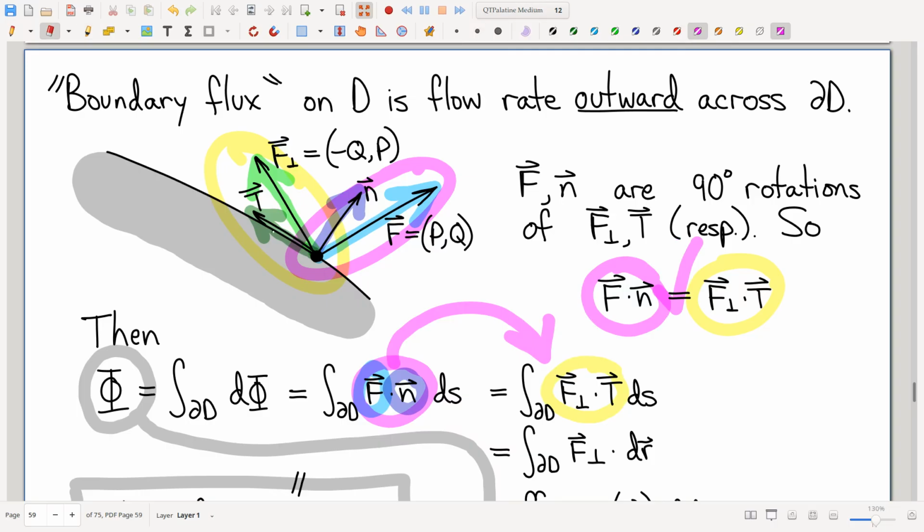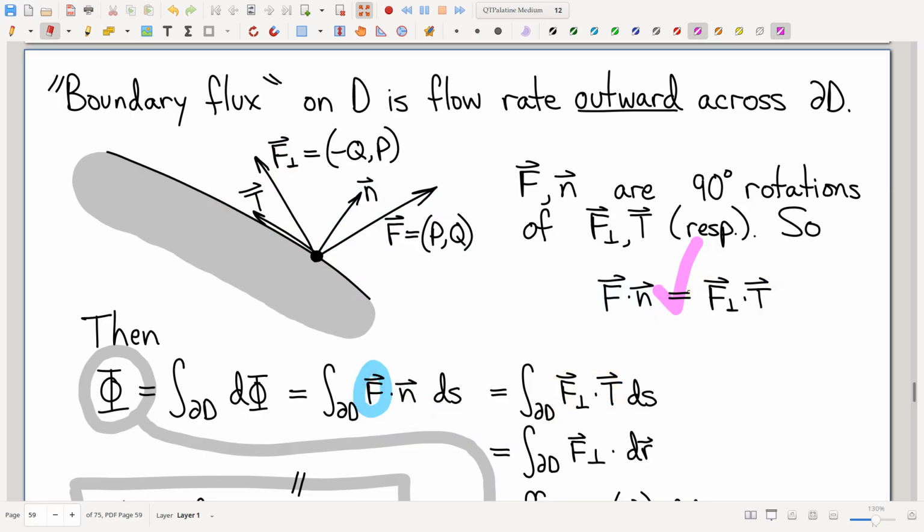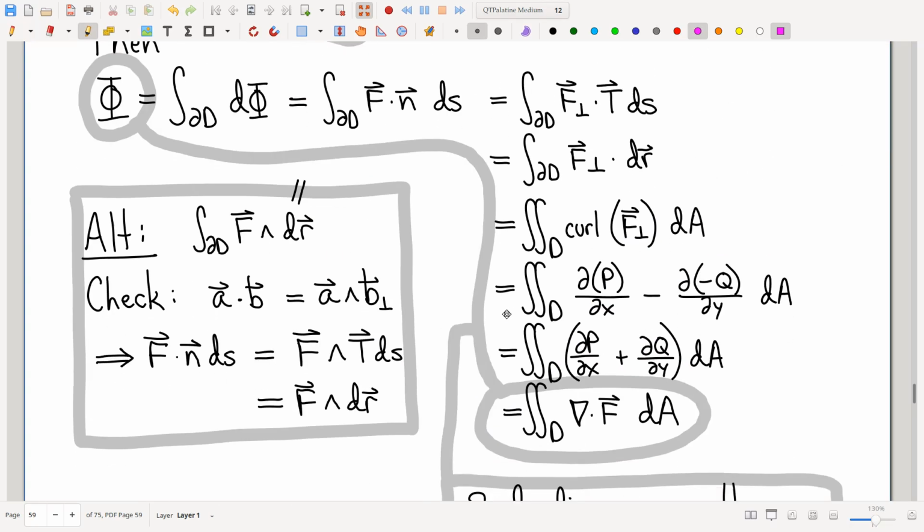And now it's kind of all over with the shouting. Let's just finish it up real quick. F perp dot T ds. Wait a second. T ds is dr. That makes this a good old-fashioned, regular old vector line integral that we have tools for. We totally know how to compute.